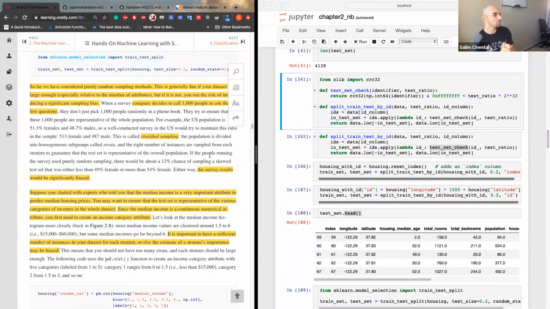If the people running the survey used random sampling, there would be about a 12% chance of sampling a skewed test set, which is significantly biased, that is, either less than 49% female or more than 54% female.